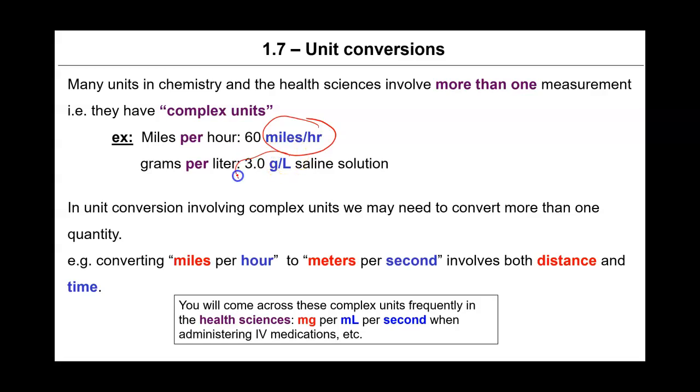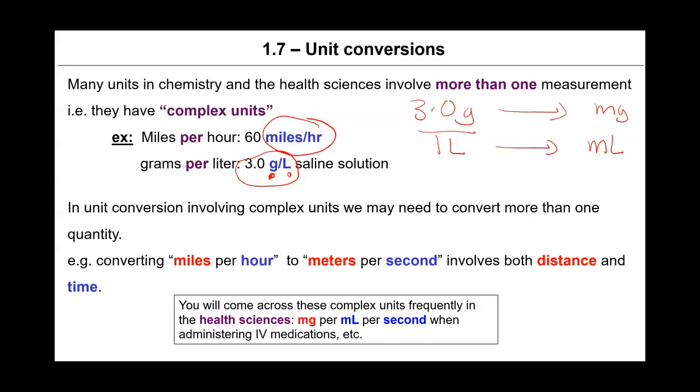If I have a density of 3 grams per liter, you can see that I have a unit of mass in grams, and then I also have a unit of liters, which is a volume. So if I was performing a conversion on 3 grams per liter, I might convert just the liters, or I might convert just the grams, or maybe I convert both.